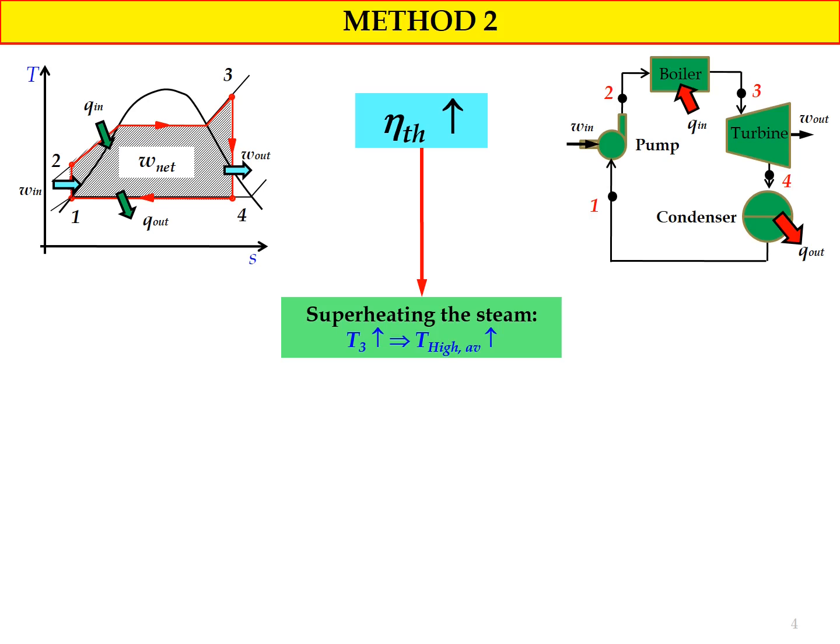If we can increase this temperature, the average high temperature will increase, where the high temperature refers to the temperature during the heat addition process in the boiler, shown in the TS diagram. So our concentration now is to increase the value of T average during heat addition by increasing the value of T3, so that we have a higher T average during heat addition in the boiler.